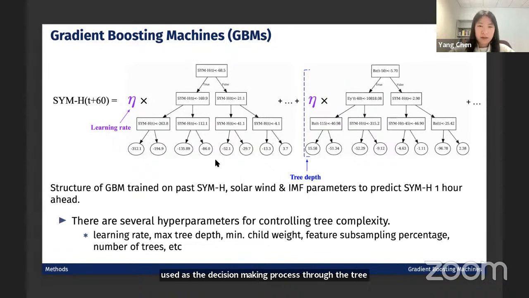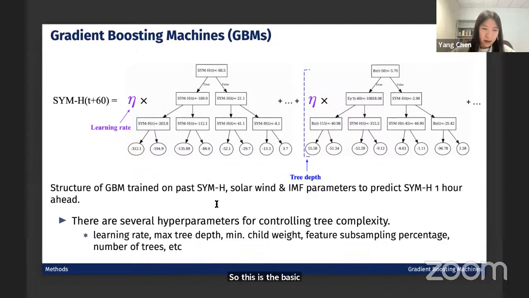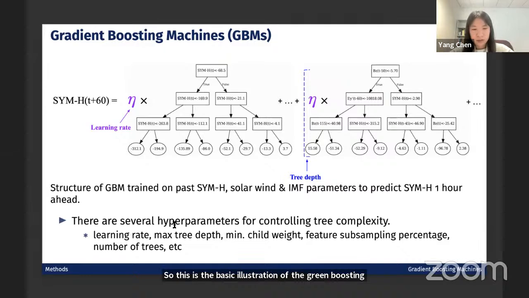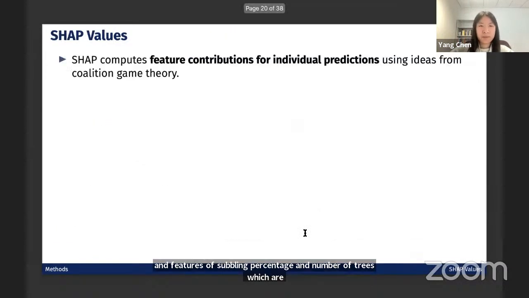So this is the basic illustration of the gradient boosting trees. And there are several hyperparameters for controlling the tree complexity: the learning rate, maximum tree depth, minimum child weight, feature subsampling percentage, and number of trees, which we choose using cross-validation.